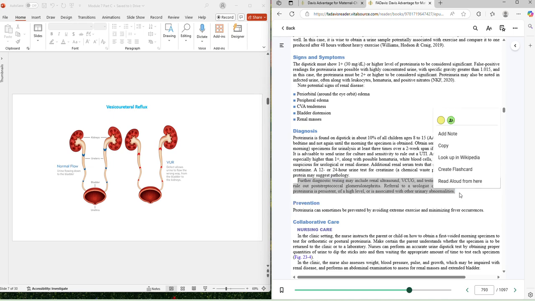So, diagnosing this VUR, you may have to do a renal ultrasound, but the big one is the anti-streptolysin titer, the ASO. Okay, so this is a big one to rule out that post-streptococcal glomerulonephritis. Okay, so the anti-streptolysin titer. Wink and lollipop, you need to know that that's one of the tests that you need to do to rule out vesicoureteral reflux.